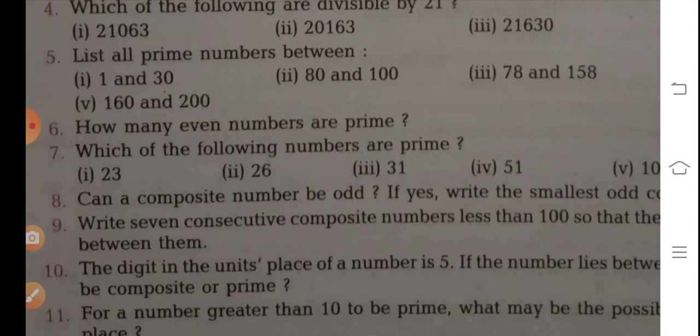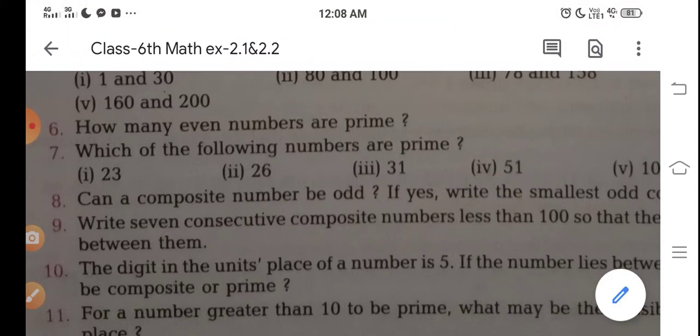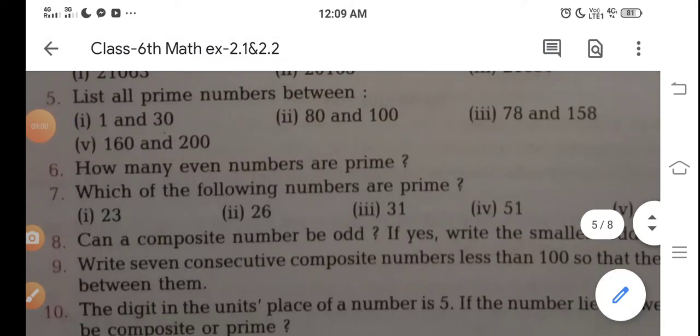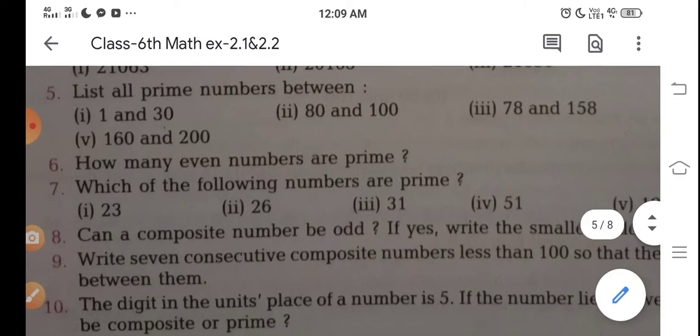A number which is fully divisible by 2 is called an even number. So you find the even numbers in that range.